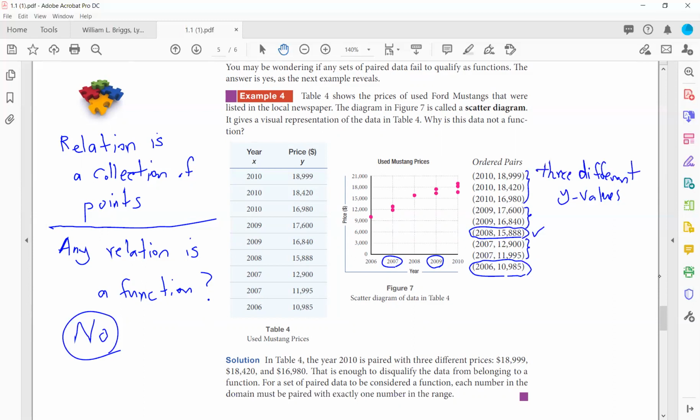We don't count these points. We're interested in the points with the same X value and different Y values. That's why this relation is not a function.